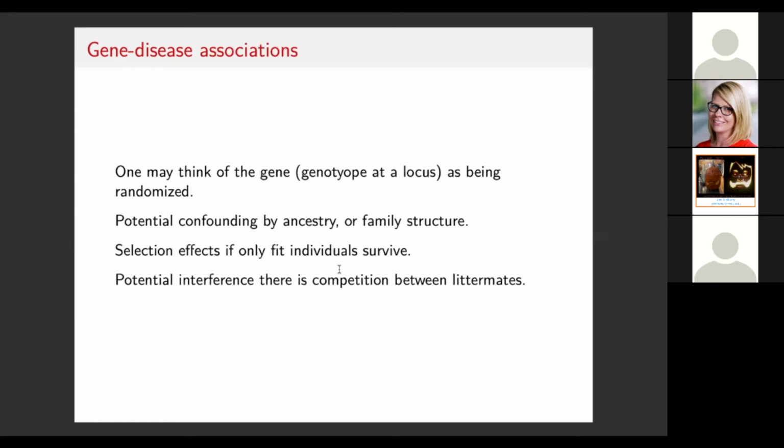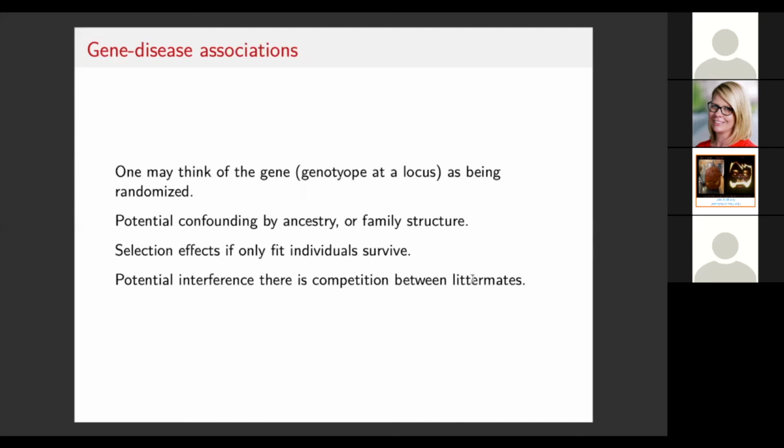There could be selection effects, if only fit individuals survive or make it out of the womb. And there could be potential interference if there is competition between littermates, and the source of that competition is related to the gene that we are interested in.